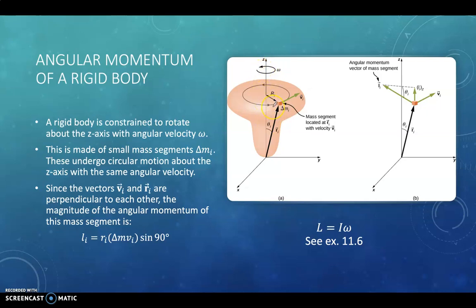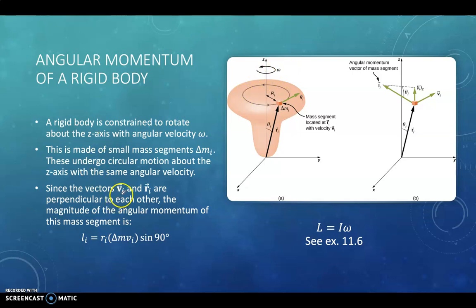This is made of small mass segments, delta m sub i, as we can see here, located at some radius r sub i, our position vector, and have some velocity v sub i. Now this undergoes circular motion about the z-axis with the same angular velocity, omega.